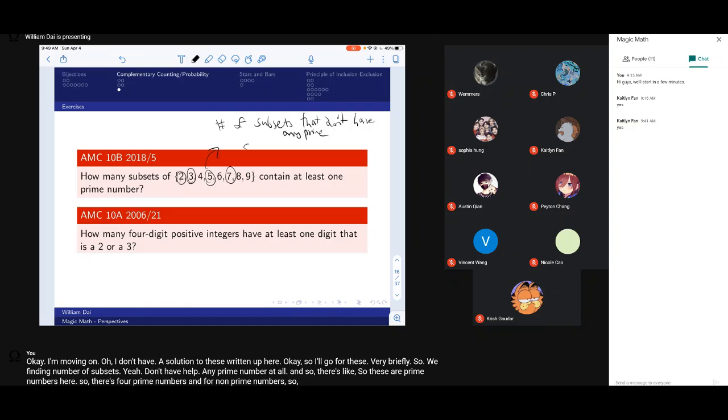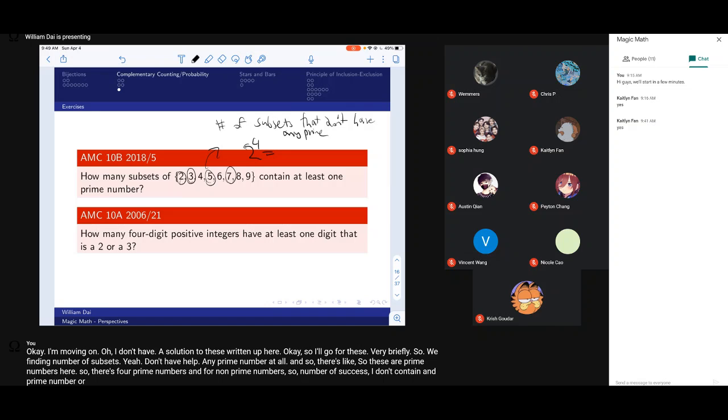The number of subsets that don't contain any prime number is 2 to the power 4, which is 16. And the total number of subsets is 2 to the power 8, which is 256. So we have 240.